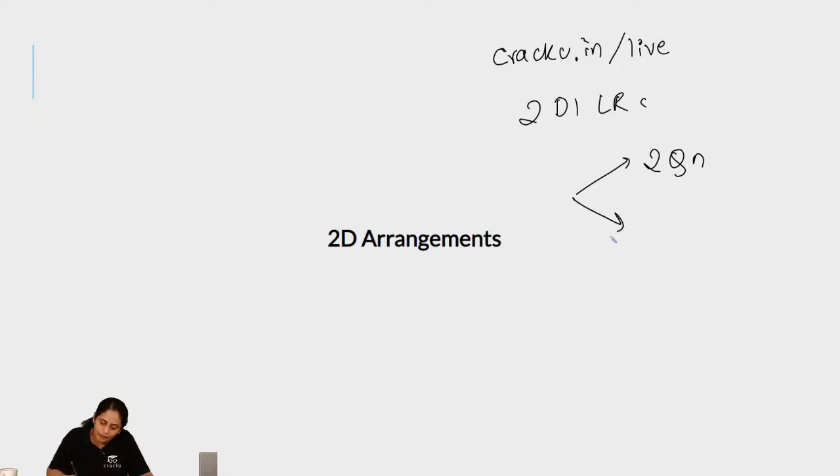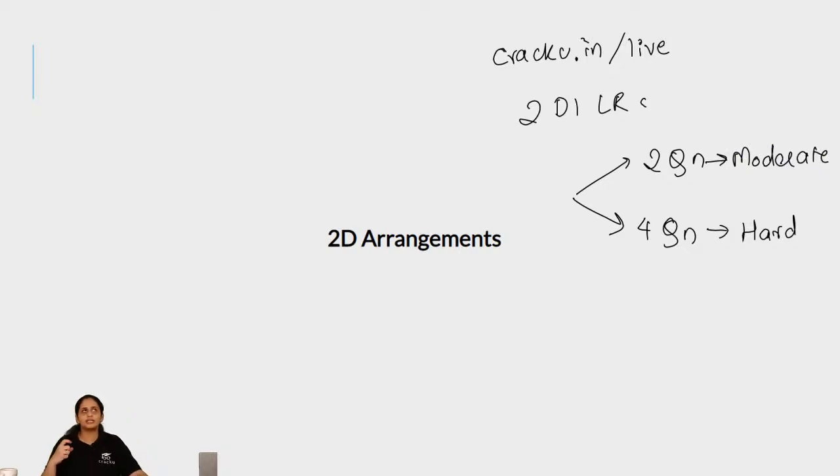The second would be a proper 4-question DILR set. This set is slightly difficult, a moderate set. Both of these are geared towards teaching you how to visualize arrangements in a 2D space. We'll be covering these 2 sets in this live session.